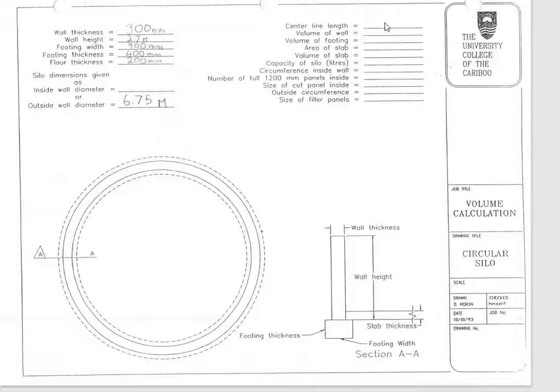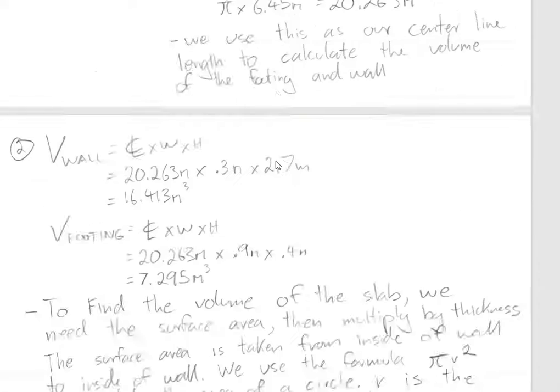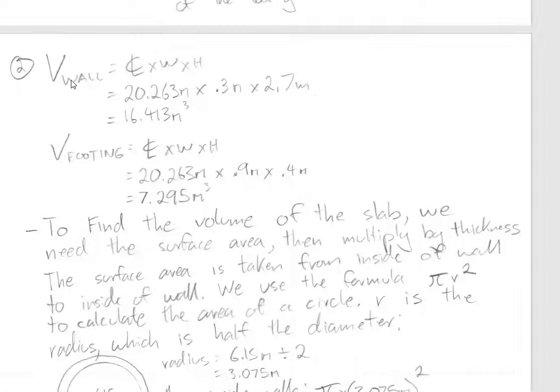With that, we can plug that into our typical formula for finding volume, length times width times height, to find the volume of the wall and the volume of the footing based on what we're given over here. And I've done that here for you. Volume of the wall, there's your symbol for the center line perimeter, C with the L through it, times the width or thickness of the wall times height.